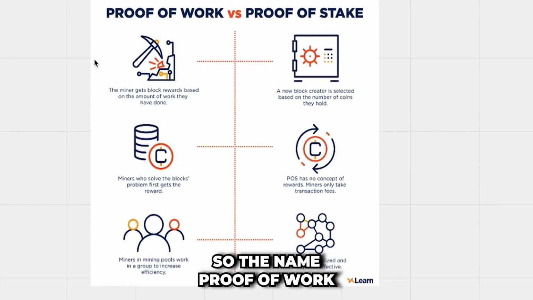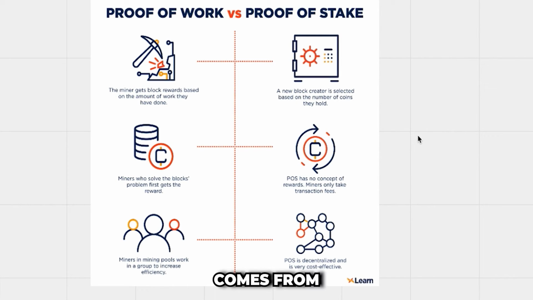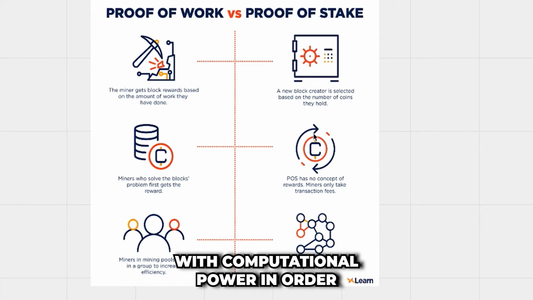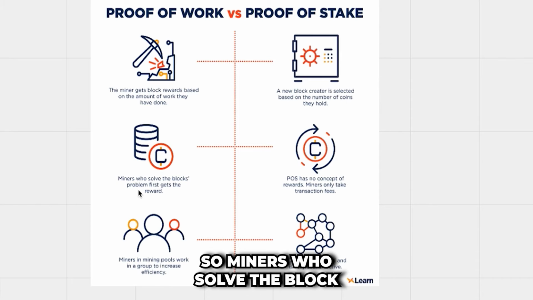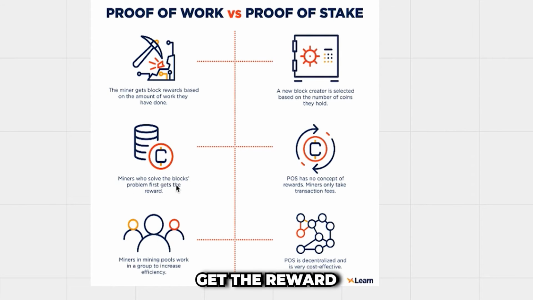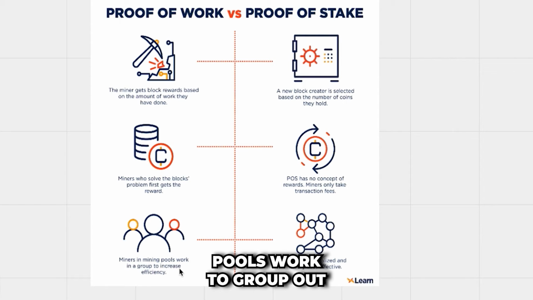So the name proof of work comes from the fact that they are doing a lot of work with computational power in order to mine the next block and secure the network. Miners who solve the block get the reward, and miners in mining pools often work in groups to increase efficiency.